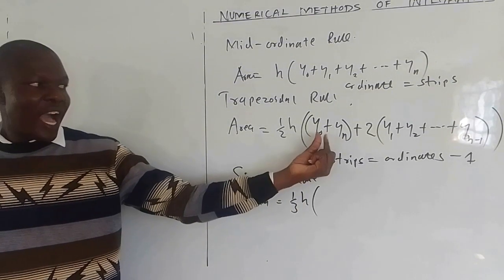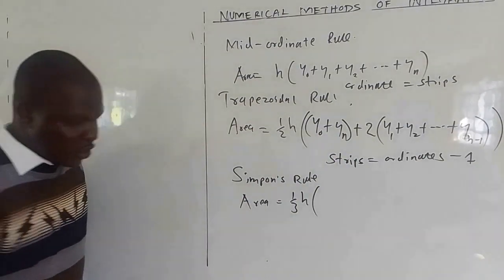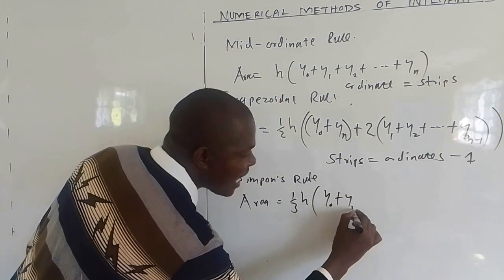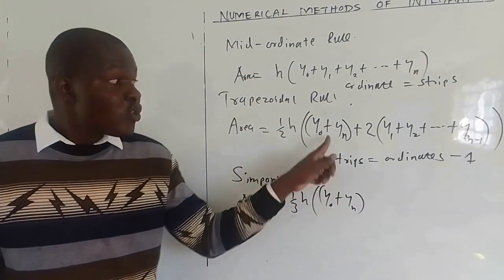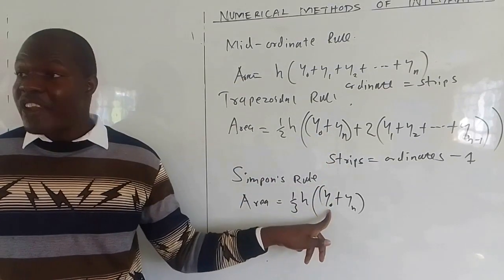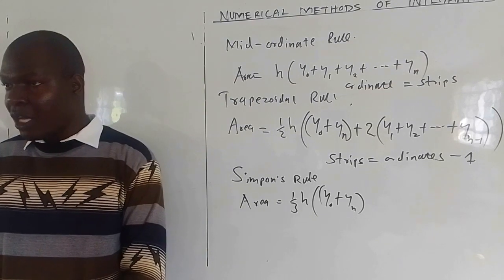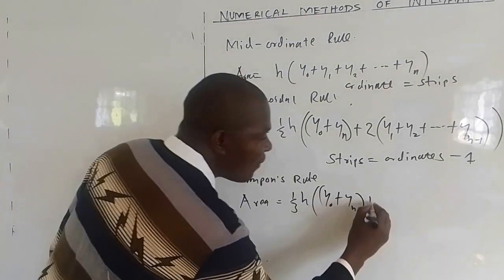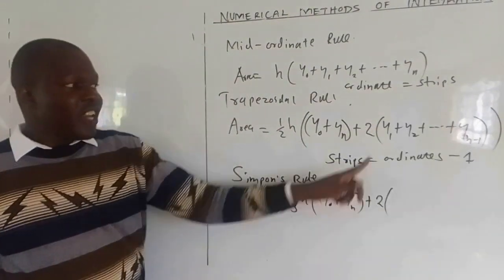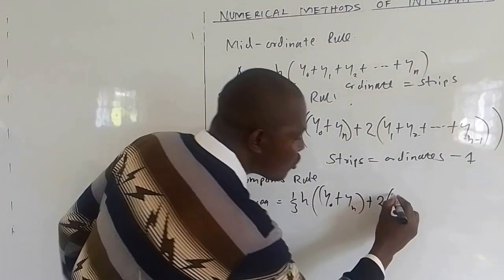Then what were you doing? You are adding the first and the last, so it is y0 plus yn. This is why I'm saying you stick to y0, because if you put y1 here, you are going to interfere with this formula, because I want you to devise a means of mastering. Okay? So it is y0 plus yn, then twice, it is now twice the evens.